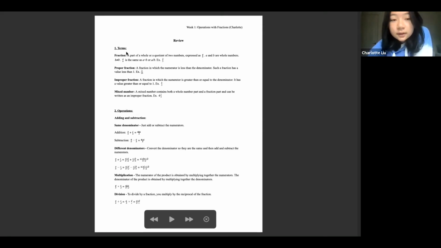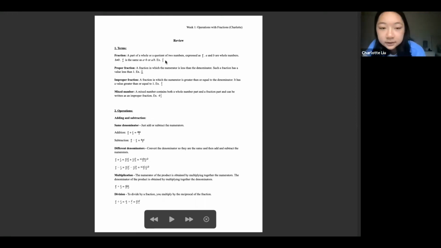So first, terms: a fraction is a whole or a part of a whole or a quotient of two numbers expressed as a over b. A and b are whole numbers and b cannot equal 0 or else it would be undefined. And a over b is also equal to a divided by b. An example would be 2/5.